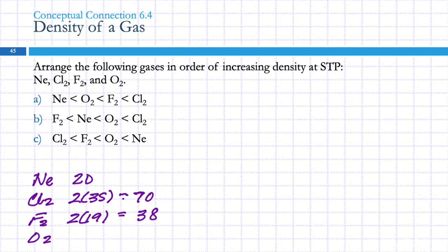And oxygen, 2 times 16, so about 32. So neon is going to be the least dense, followed by oxygen, fluorine, and chlorine. So neon, oxygen, fluorine, chlorine. Okay?